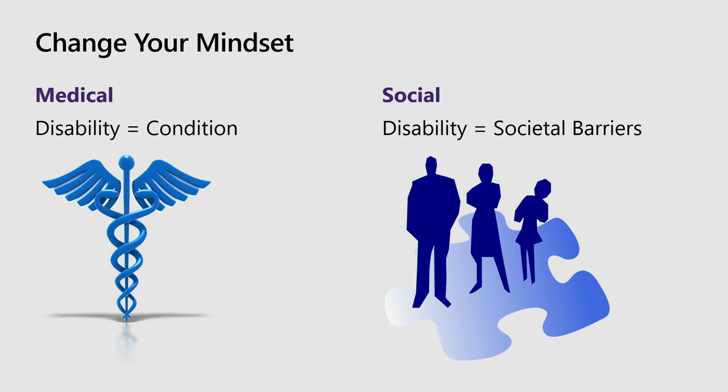But there's actually another way to look at it, and that's called the social model of disability. What it says is basically it's not the actual condition that is the disability, it's all the societal barriers that we've put in place. So think about before most places had wheelchair access and elevators. If someone wanted to come to a conference like this, they would have a really hard time doing it.